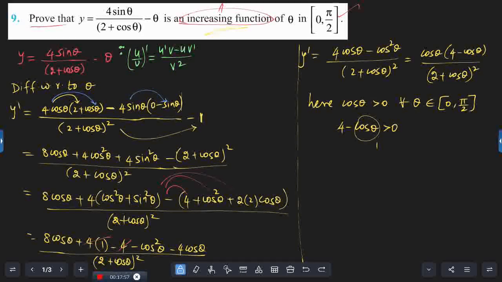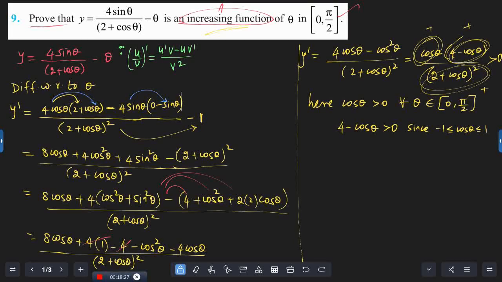You have to explain that very clearly in the steps: this is greater than 0 since minus 1 is less than or equal to cos theta, which is less than or equal to 1. Whatever value you give for cos theta, it will be greater than 0. So both parts are positive, the denominator is surely positive because of the square, and everything is positive, so we can say this is greater than 0.